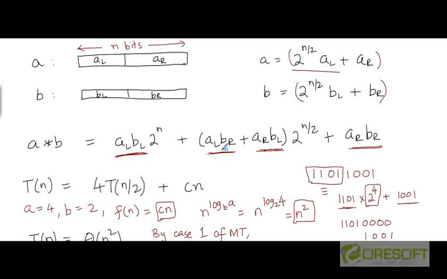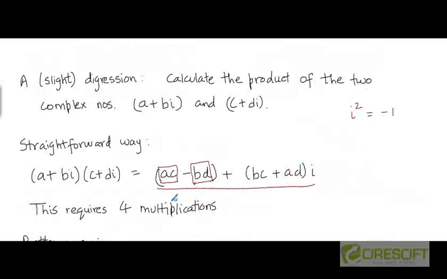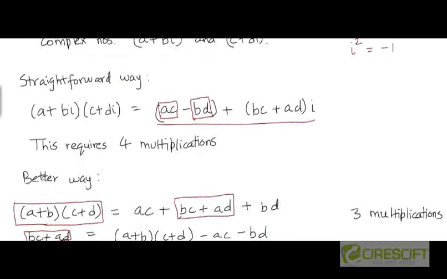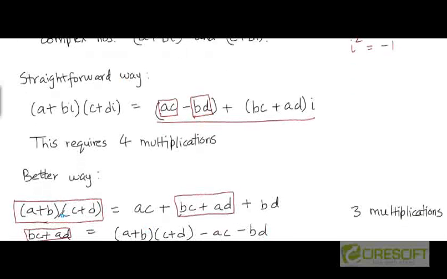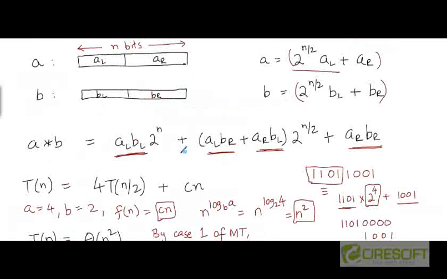So there are 4 such multiplication operations that we need to do. Let's use the same idea that we just saw, which I called a digression, but we're going to use pretty much a very similar optimization to cut down on the number of multiplication operations and therefore the number of recursive calls.